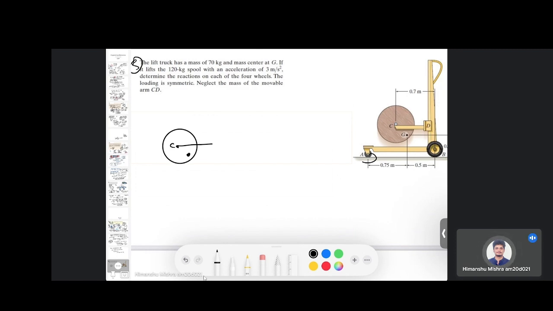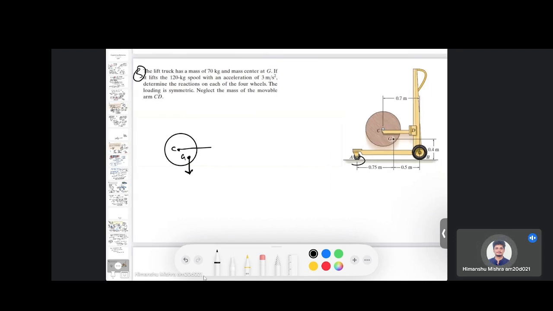So we will not direct the weight of this spool from point C, but the weight of the truck is from the center of gravity G. So this is the center of gravity of the lift truck. The weight of the overall lift truck is from point G, whereas the weight from this spool is from point C. So this is 70 multiplied by 9.81 and this is 120 multiplied by 9.81.